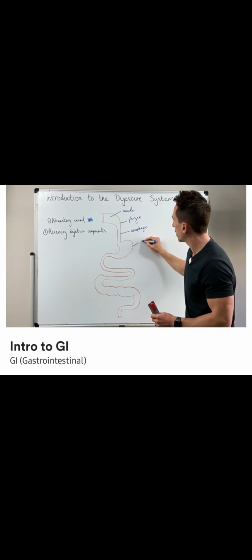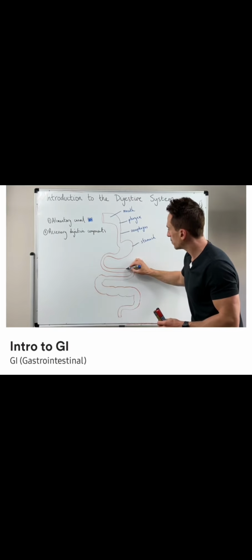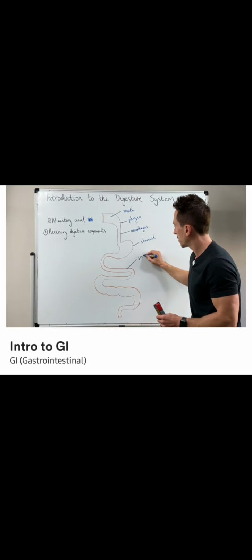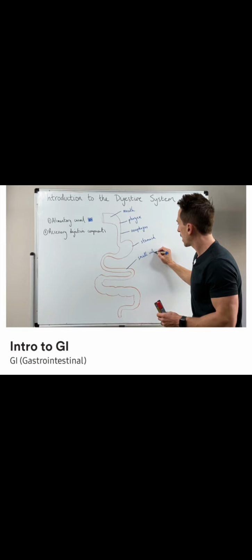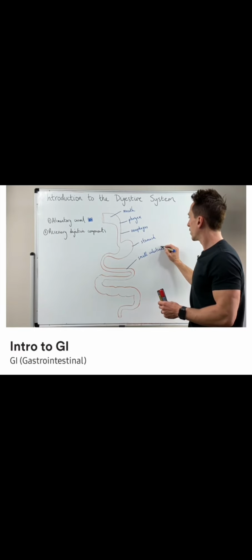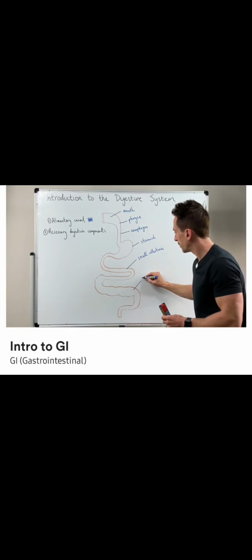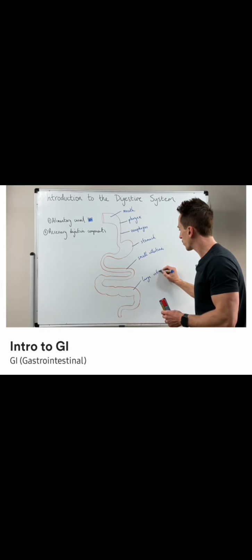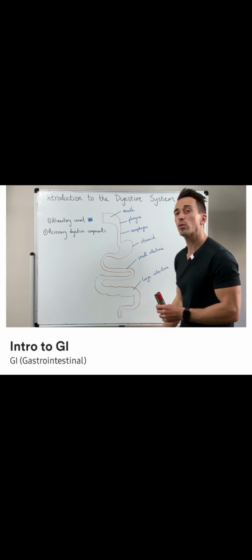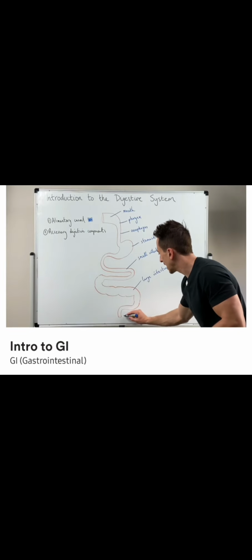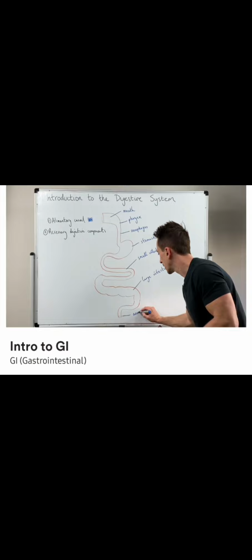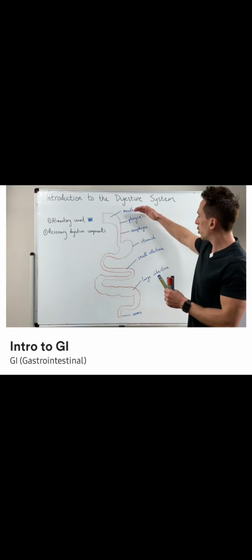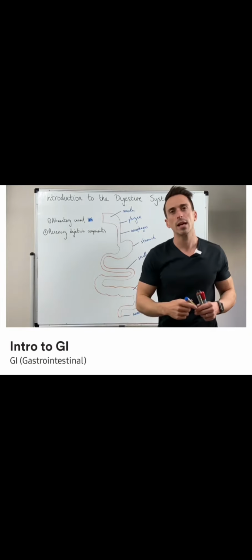Then the stomach. Then the small intestines. And then we move through to the large intestines. Right at the very end, which is the final structure of the alimentary canal, is the anus. Now these in blue, they're all aspects of the alimentary canal.